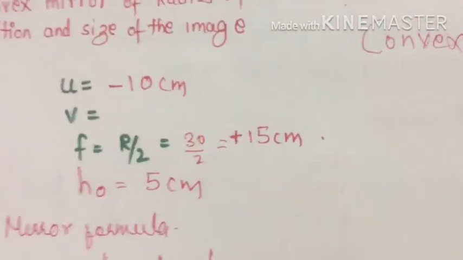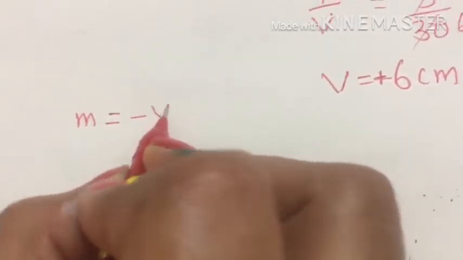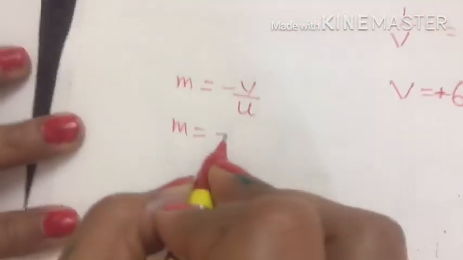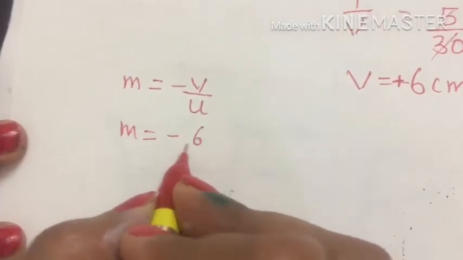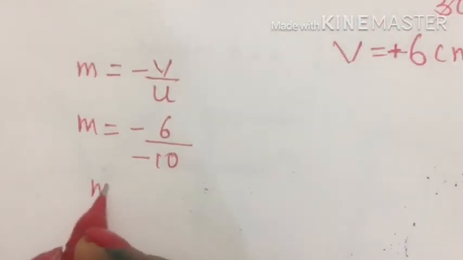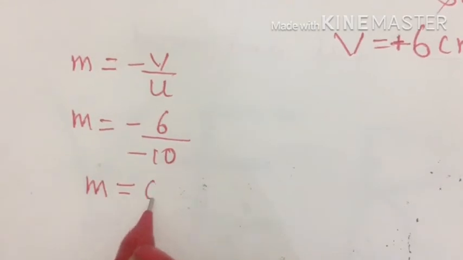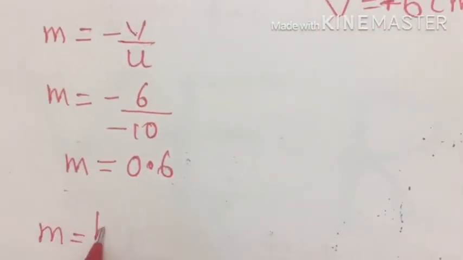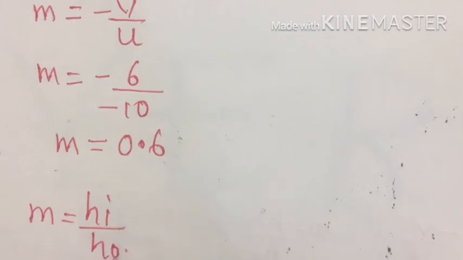Next thing is to find the size of the image. To find the size, we use the formula magnification m equals minus v by u. So m equals, what is minus v? v हमने अभी निकाला है 6 और u कितना है? u is minus 10. So magnification, ये sign cancel. This will become 0.6. So this magnification will be used further in the formula hi upon ho.